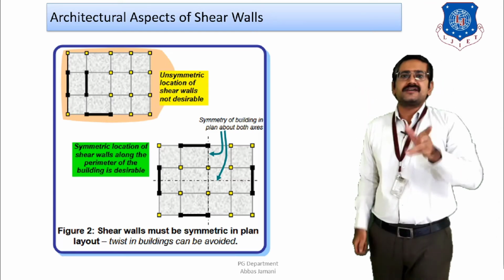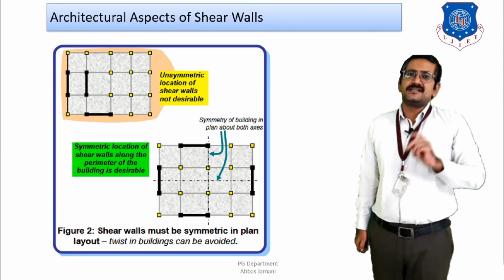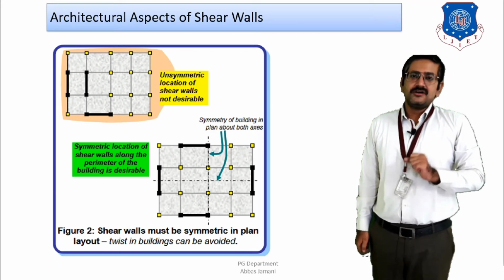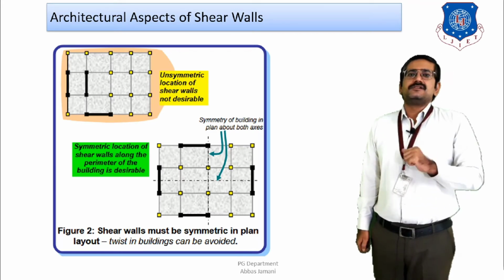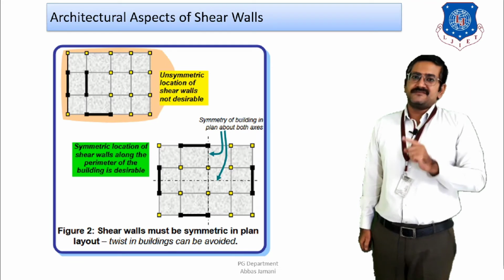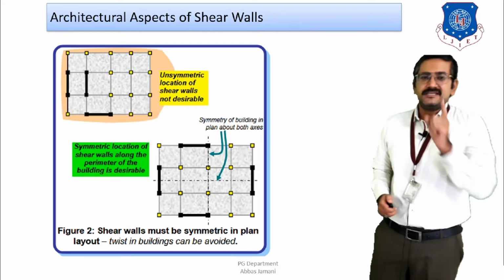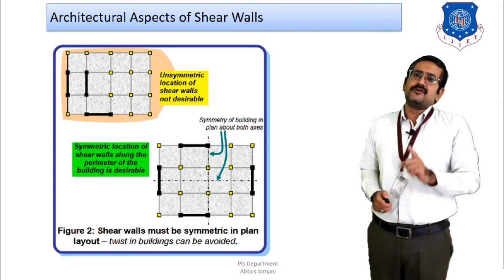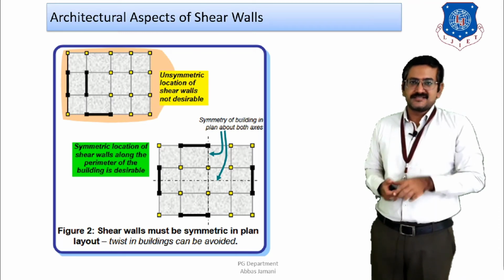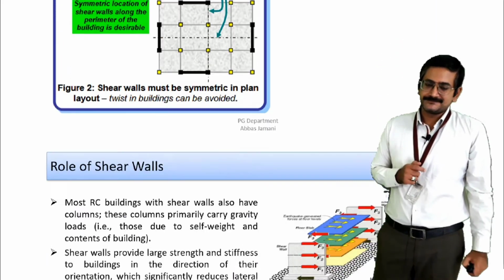And whenever the rotation starts, we can say that twisting has taken place. So it is preferred that the shear walls be provided at the external periphery and not towards the central core of the building. And at the same time, the shear walls should be placed symmetrically about the axes and in both directions. That is also an important criterion.